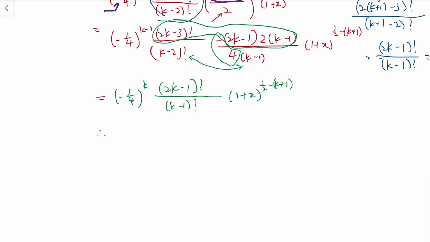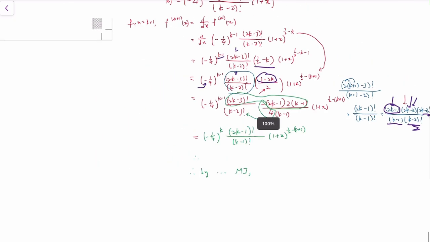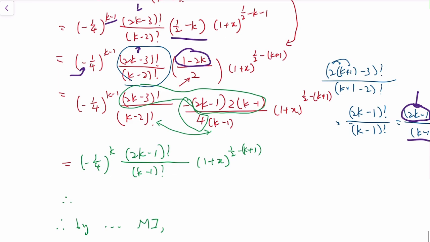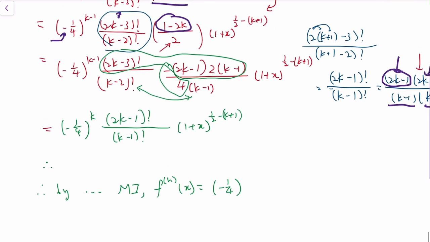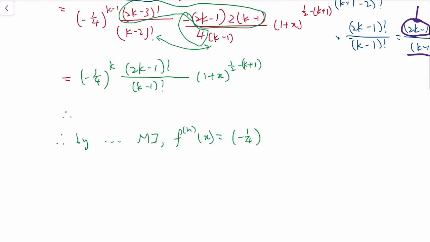The statement is true for n equal to k plus 1 if it is also true for n equal to k. Therefore, by the principle of mathematical induction, usually what I do is I copy the question. The nth derivative of f(x) is what the formula said it was.